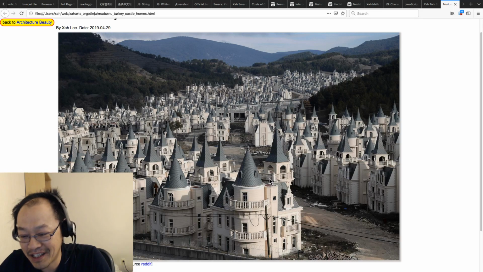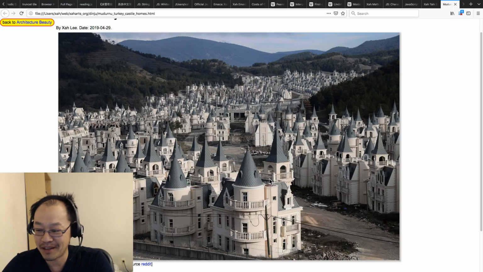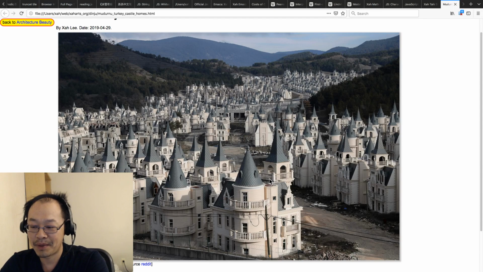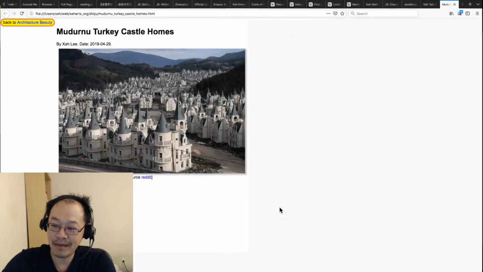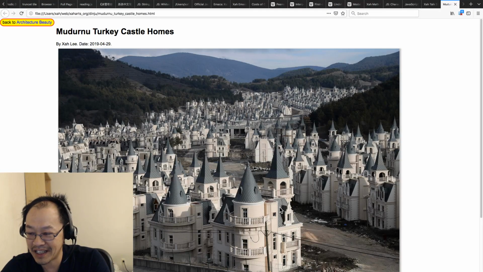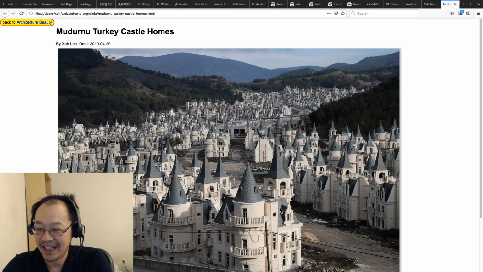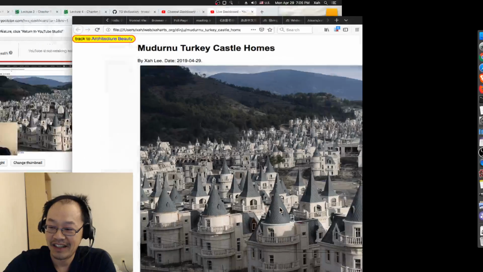So apparently some real estate developers or some rich people built this bunch of castle homes in the style of a castle, and they wanted people to buy, but for some reason the market is down or the economy turned down, and so they became a ghost town. So you have all these castles, hundreds of them, and nobody's living there.